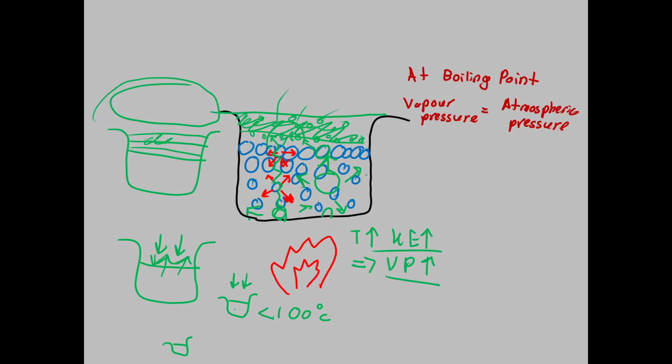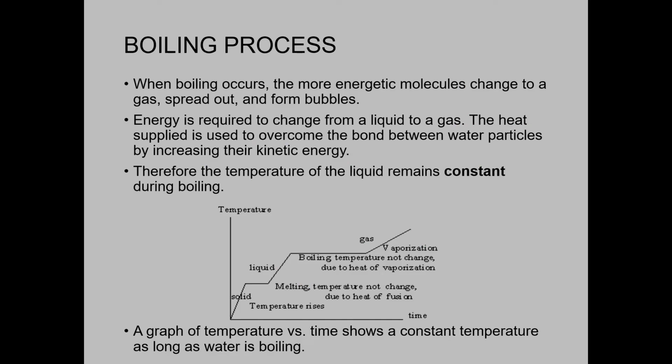You labelkan lah, or this like maybe this is water molecule, H2O molecules, and then this is intermolecular forces, which is hydrogen bonding, and then this is vapor pressure. Macam tu lah. Kalau nak lukis boleh, you labelkan. Tapi kalau you guys nak jimat masa, terus tulis pun tak apa.